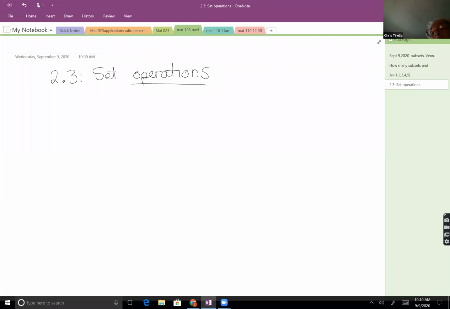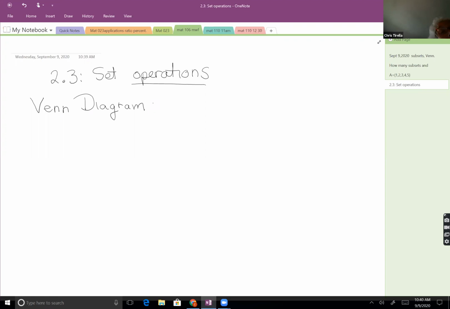They're going to be a little bit different. And before we define set operations, we're going to start looking at something that's called a Venn diagram. Because Venn diagrams help us visualize our set operations.